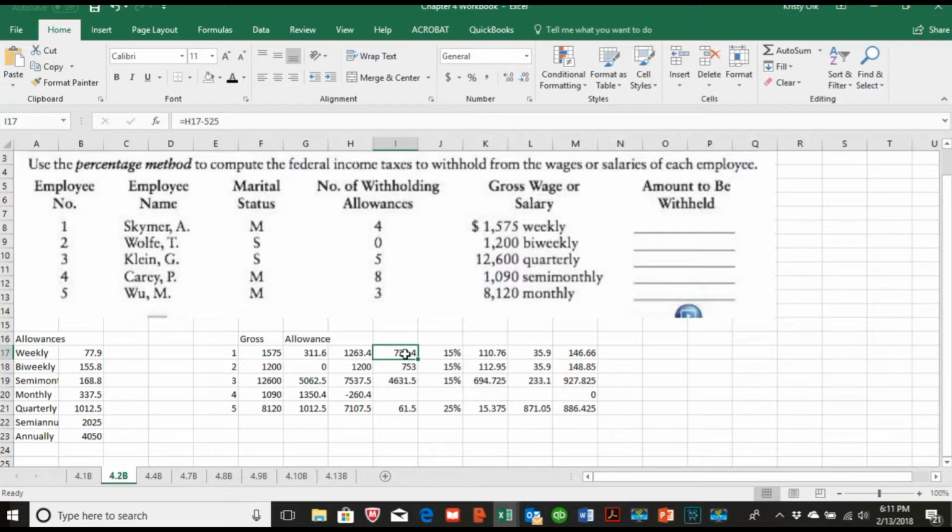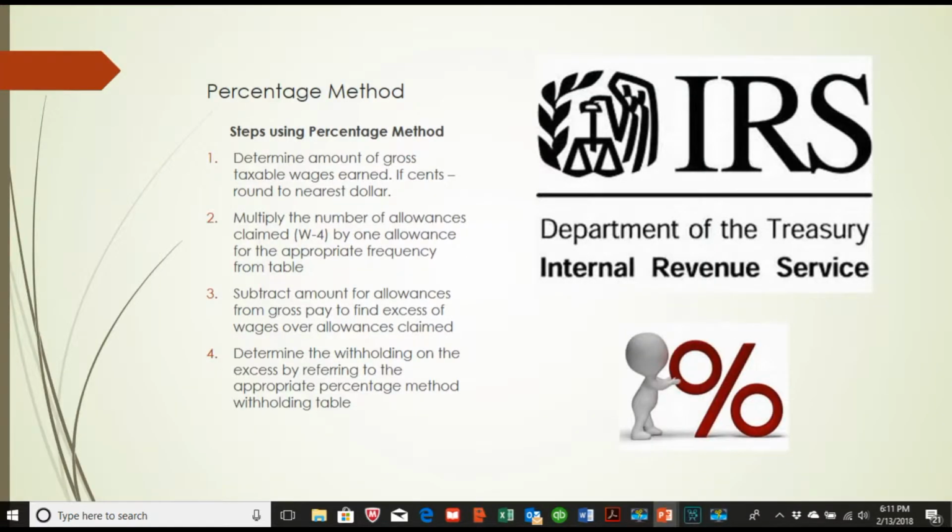So we determine what's over 525 and apply 15%. They also tell us what that minimum was, and that minimum was $35.90. We add the $110.76 plus the $35.90 for $146.66. Once you get to using them, they're really easy to use. It just takes a little bit to get familiar with them.